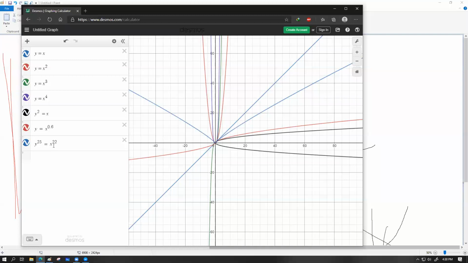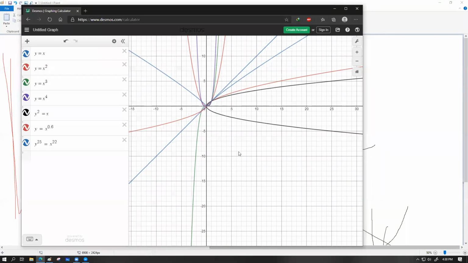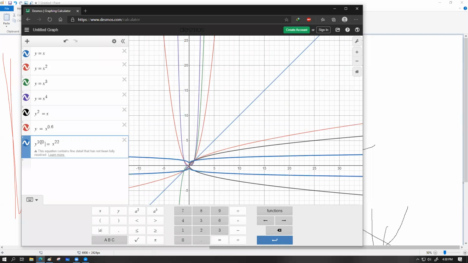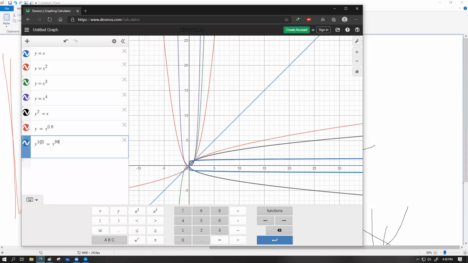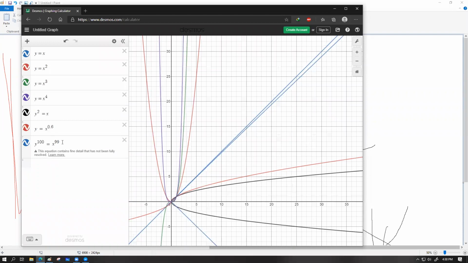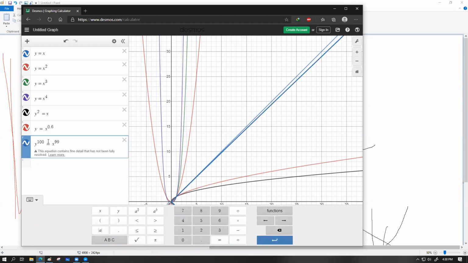And if I also change these numbers, for example, if I make this, let's say 100, and make this number 99, not 99, sure, 100. This equation software doesn't want to work with 100.